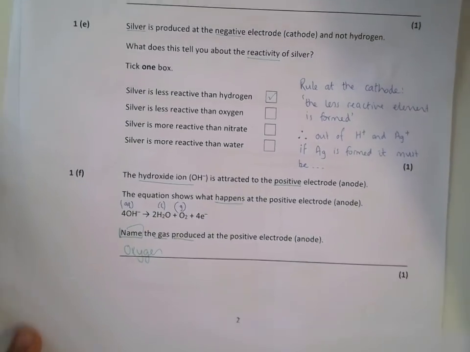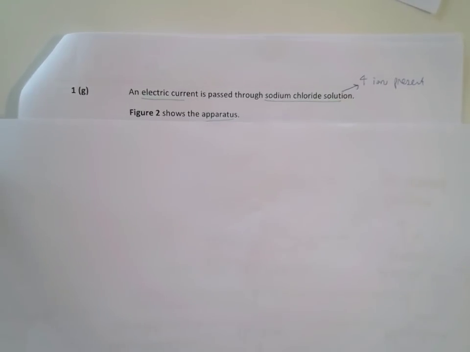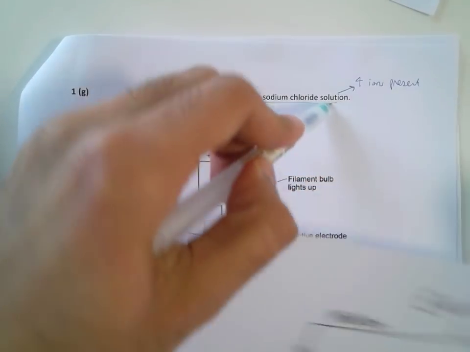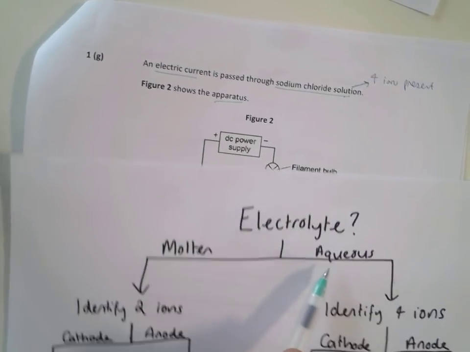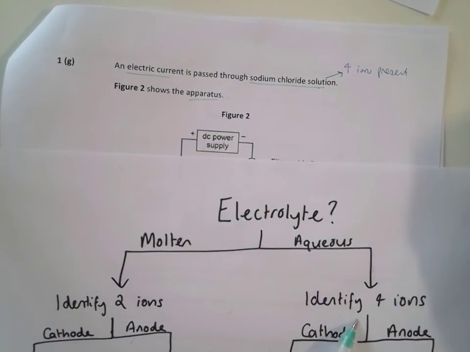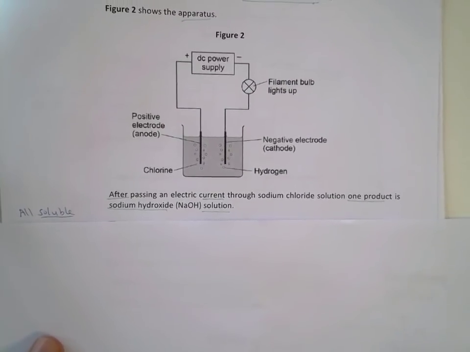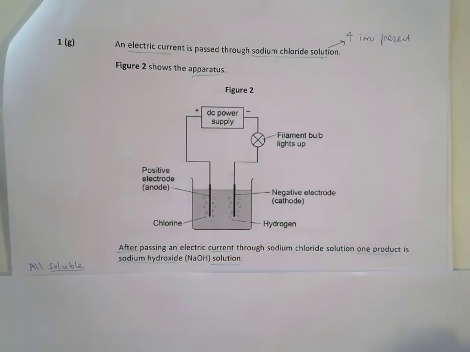1g. An electric current is passed through sodium chloride solution. Remember, I see the word solution and I immediately think to myself, I've got a solution, there must be 4 ions. Figure 2 shows the apparatus. Again, similar setup, this time with a solution of sodium chloride.